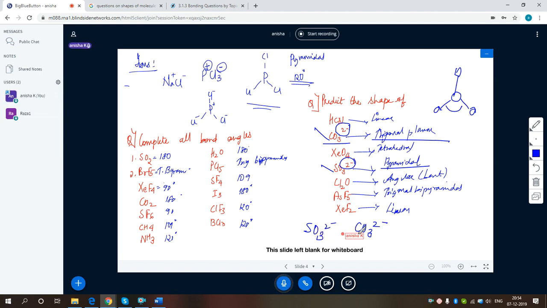Their molecular formula is somewhat similar, only here is sulfur and here is a carbon atom. Yet we have two different structures, a trigonal planar and a pyramidal. When ions are mentioned, we cannot give a proper angle like 120 degrees. These will be less than 120, maybe 115.